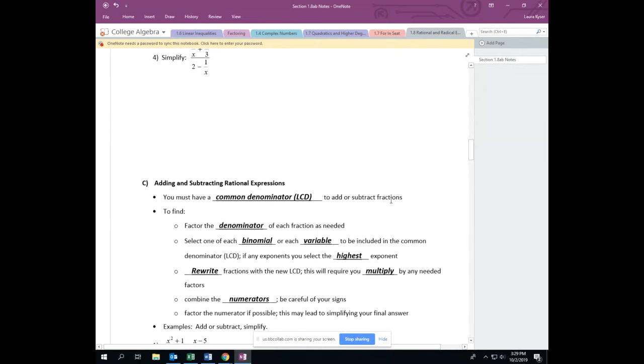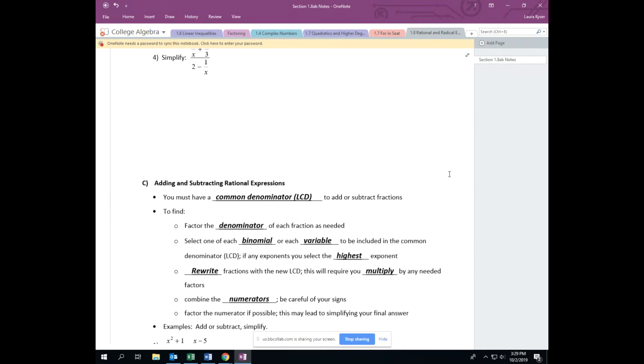So here are some steps and information about the adding and subtracting when we're dealing with rational expressions. First of all, just like regular fractions, you absolutely have to have a common denominator. You cannot add or subtract any type of fraction without having an LCD. So what we want to do is figure out what the LCD is supposed to be.